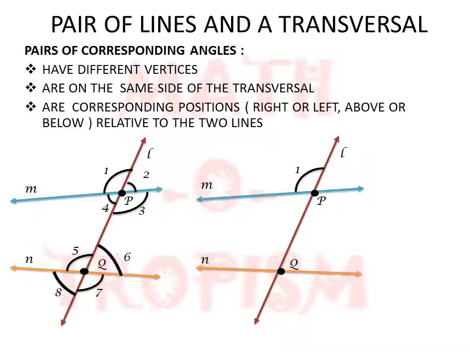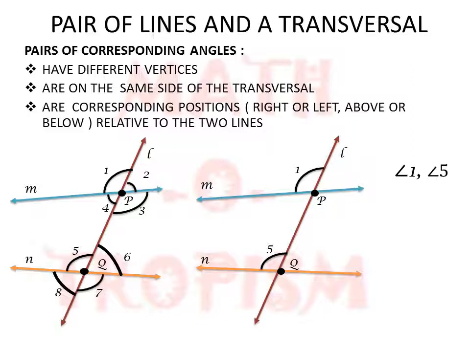One is on the left side of the transversal L and above the line M. The same way we should see for the line N also. So that angle which is on the left side of L and above the line N is nothing but angle 5. So it means angle 1 and angle 5 are the corresponding angles.